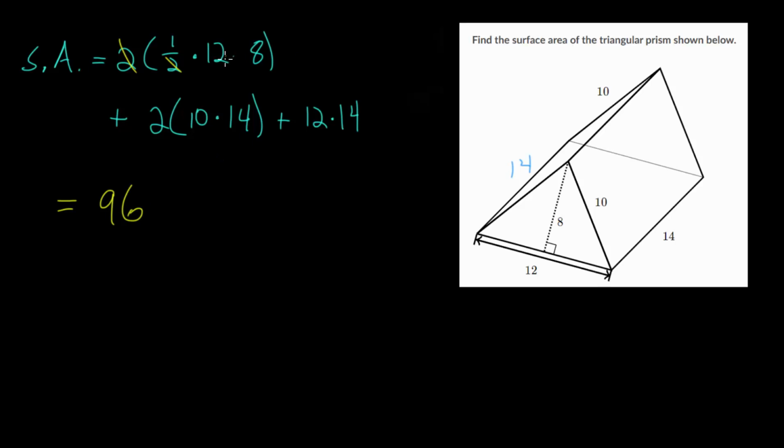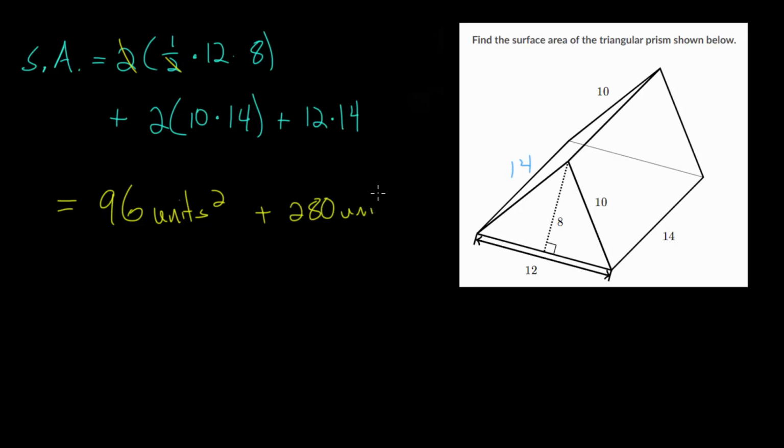And since these are all units, we'd be multiplying units by units, so this is really just square units. And then here we have two of these rectangles, so now we're talking about this rectangle and the other one on the other side. Those are 10 by 14, so that's 140 square units, and we're doubling that.